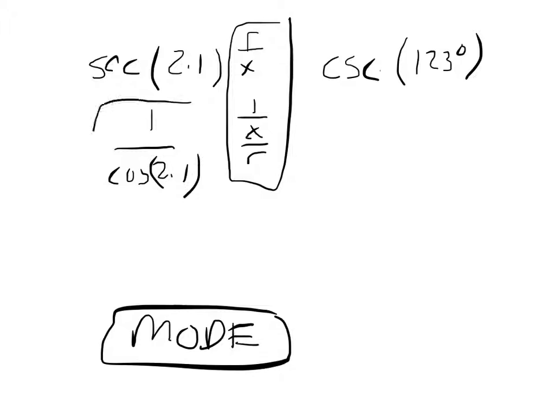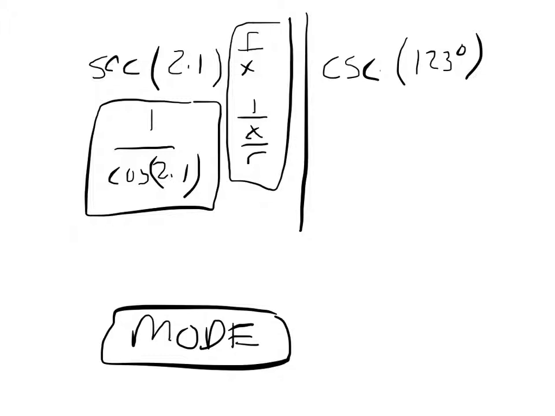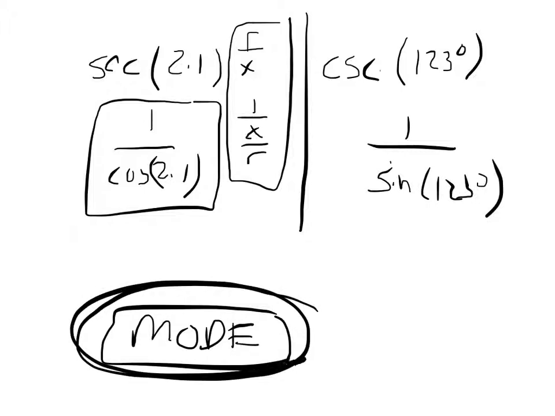So to get a decimal approximation for secant, I've got to use that reciprocal relationship: 1 over cosine is secant. For cosecant, ditto. The reciprocal relationship is the sine, so this would be 1 over sine of 123 degrees. And you want to make sure that you've picked the proper mode.